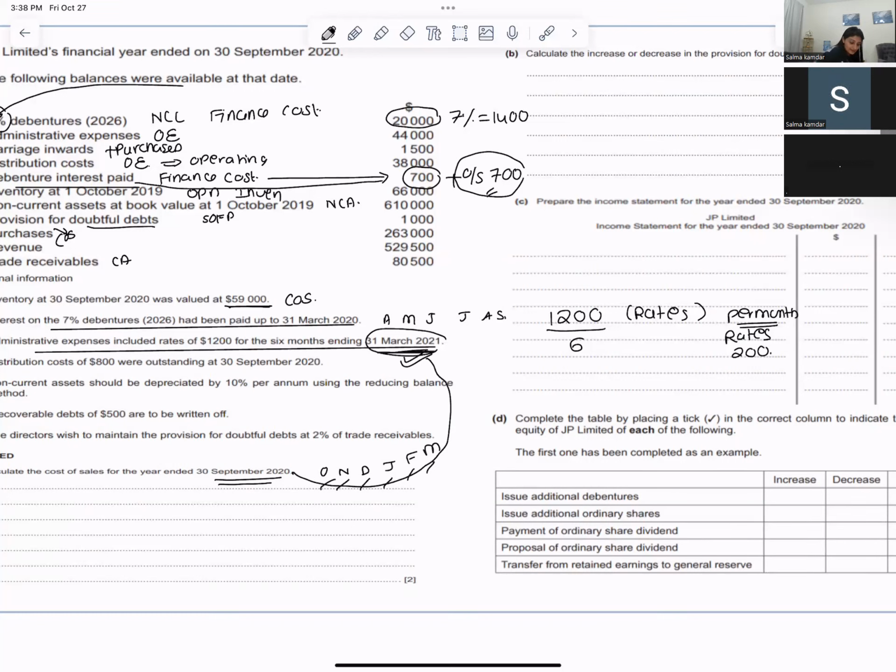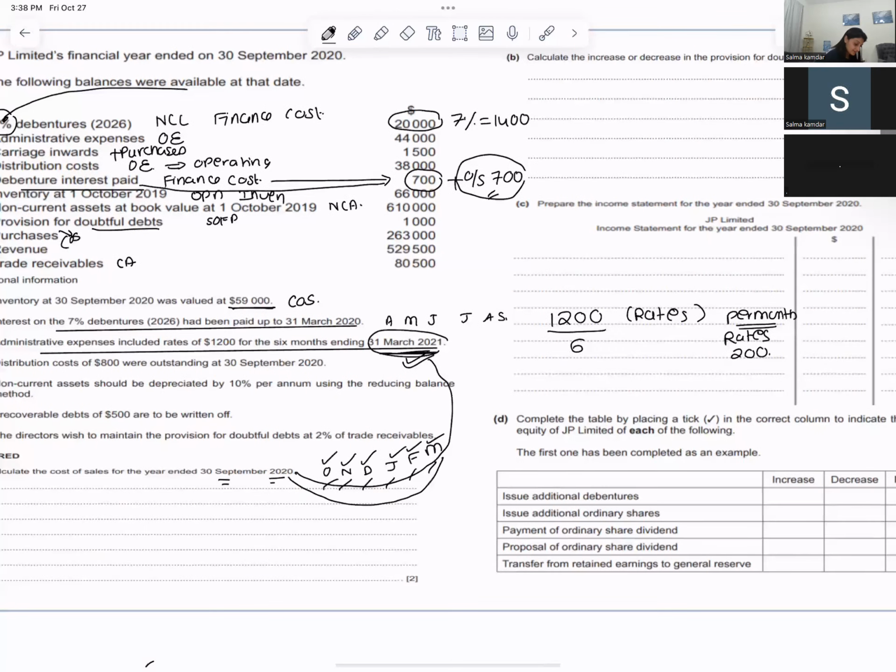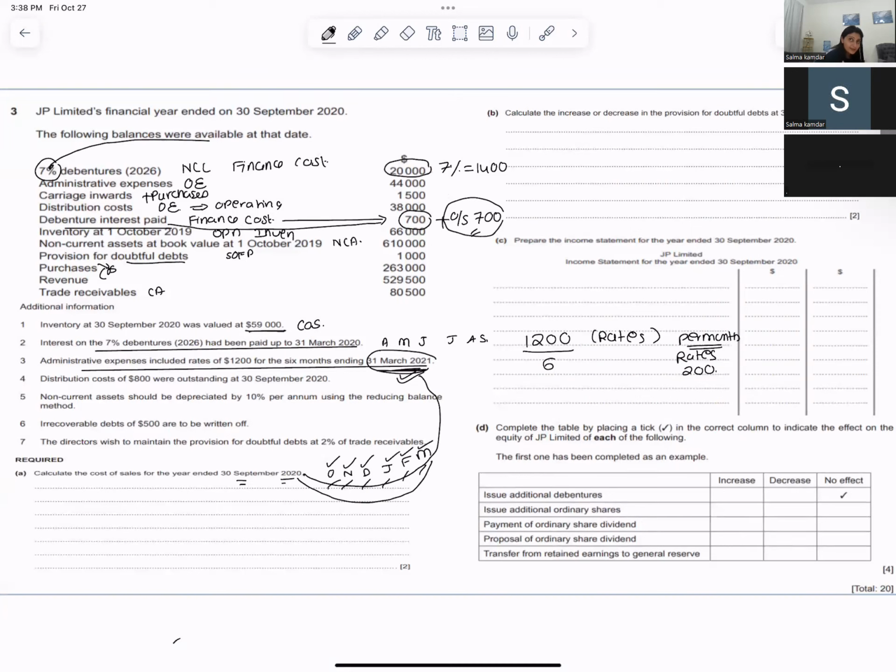After September I have October, November, December, January, February, March. That means these rates are not related to the current year. It is related to next year.